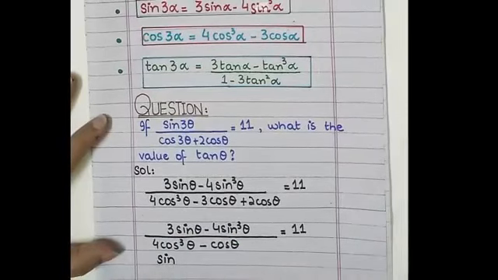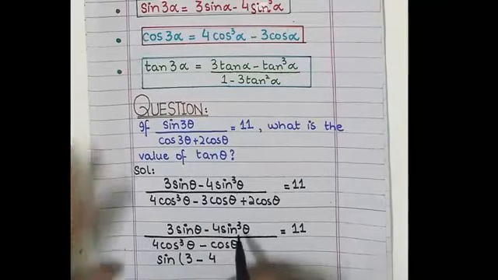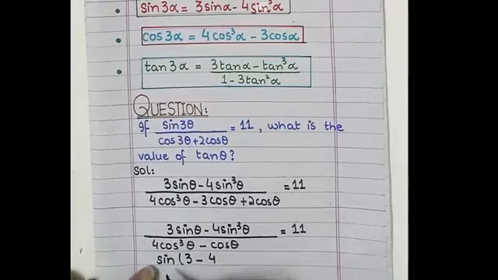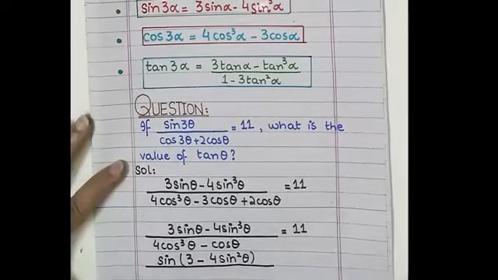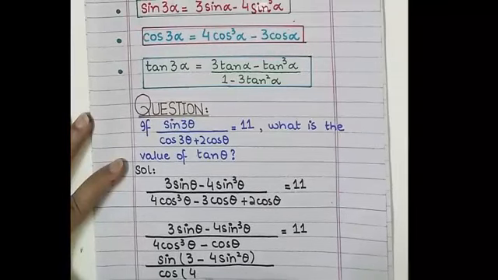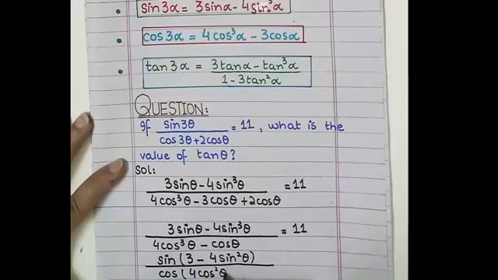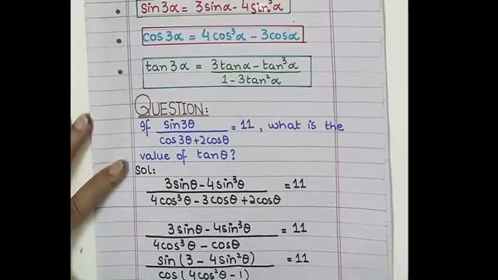So taking sine common, here we have 3 minus 4 sine square theta. Now we will take cos theta common from the denominator, and we have 4 cos square theta minus 1, and this is equal to 11.